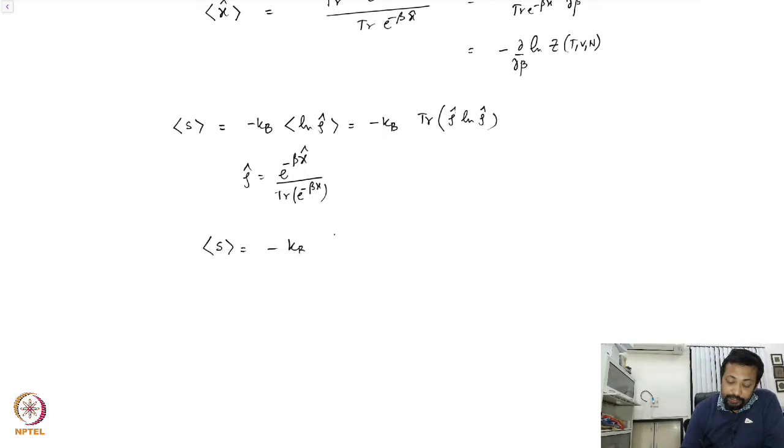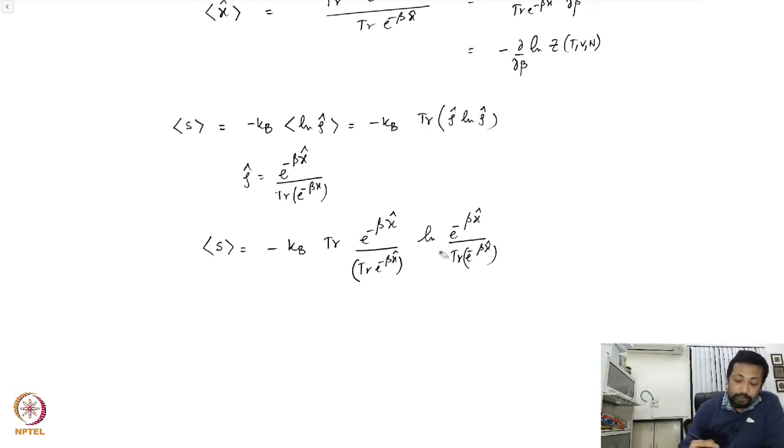This becomes minus kB trace of rho hat times log of e to the power minus beta H hat divided by trace of e to the power minus beta H hat, right? Good.